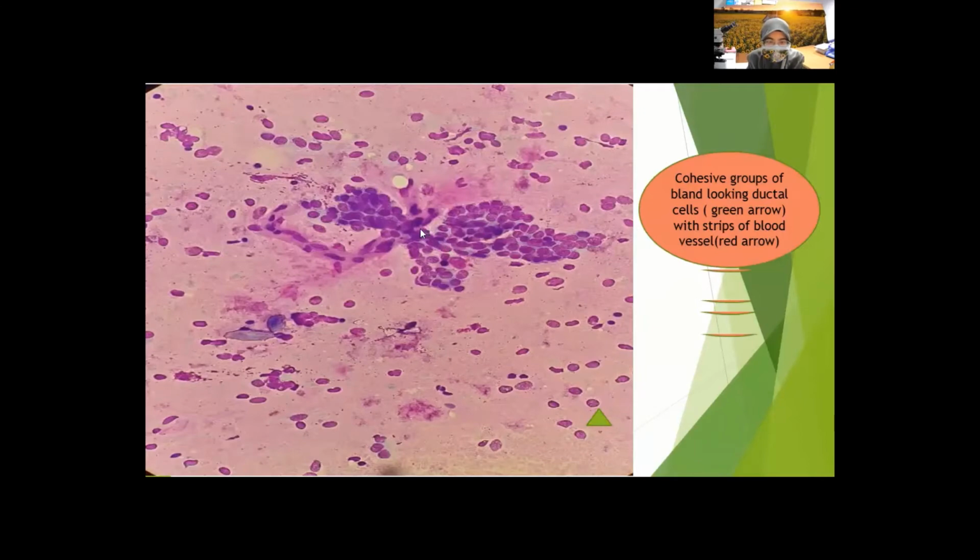As shown by the red arrow, there is presence of transversing blood vessels associated with the cell clusters. And the green triangle is just to show you the bare nuclei in the background.